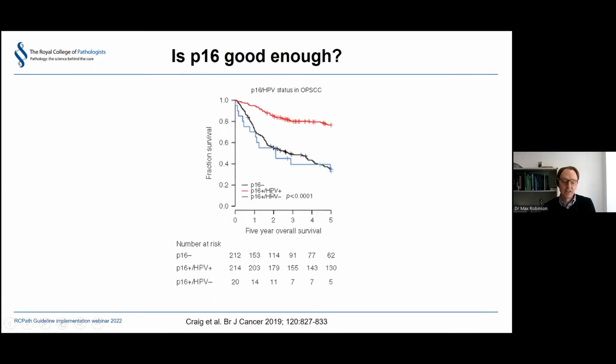Now that's Dutch data, and Holland's just across the water from us, and this is similar data from the UK, specifically from Liverpool and Northern Ireland. 100 patients show the same survival trends as the Dutch study.